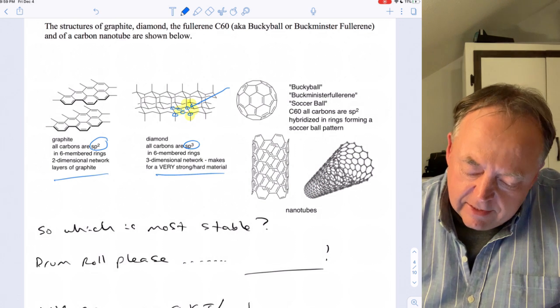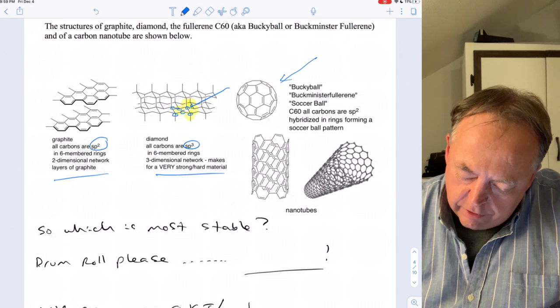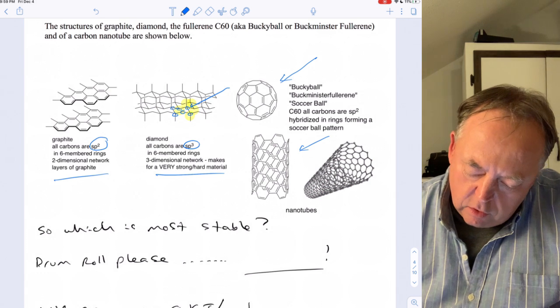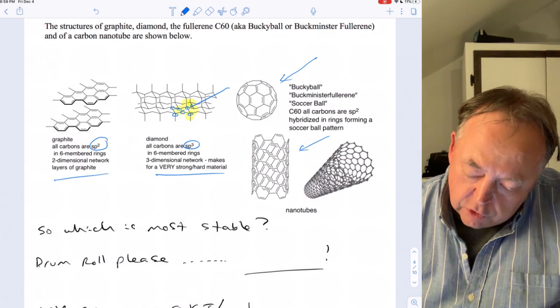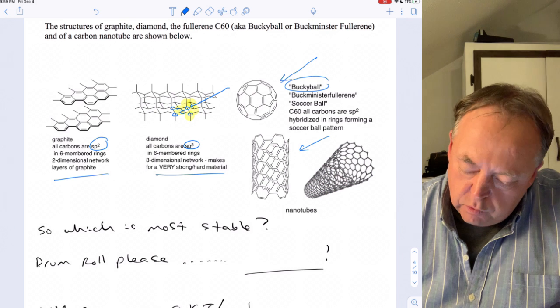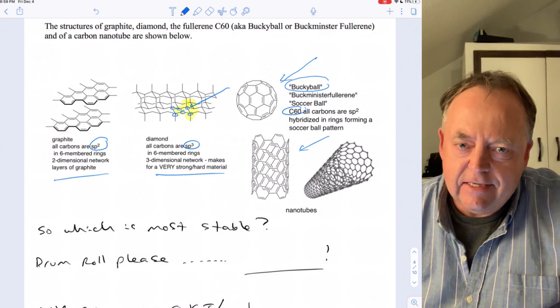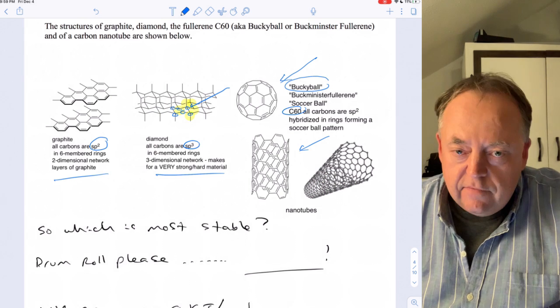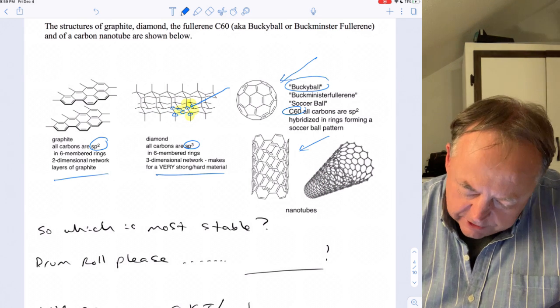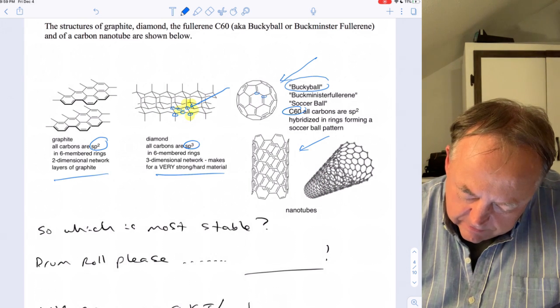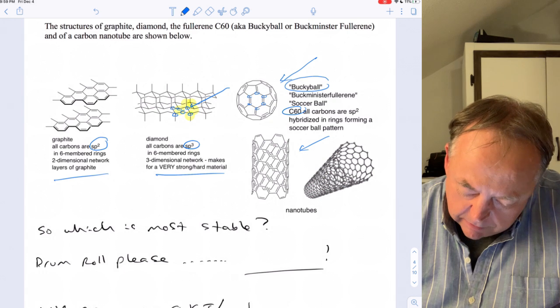So what do fullerenes look like? One form of fullerene is what's known as buckyball or Buckminster fullerene or soccer ball or C60. It's probably the most famous version of it. Each of these points would be a carbon atom. If you notice, there's a 6-membered ring there, and it's attached to a 5-membered ring there.